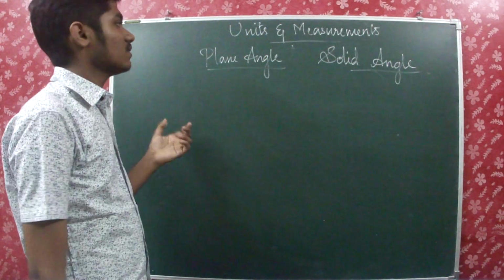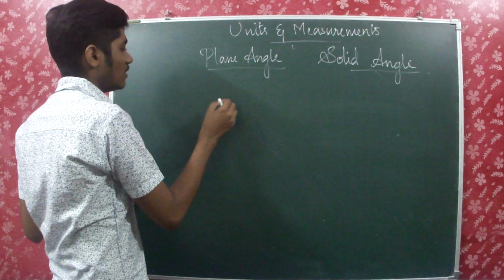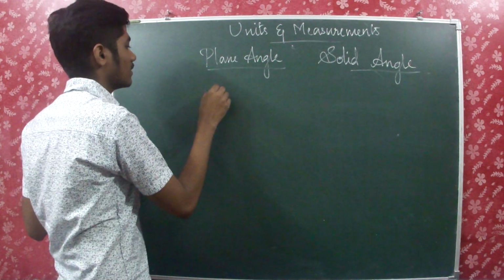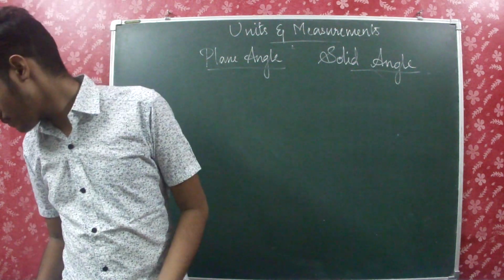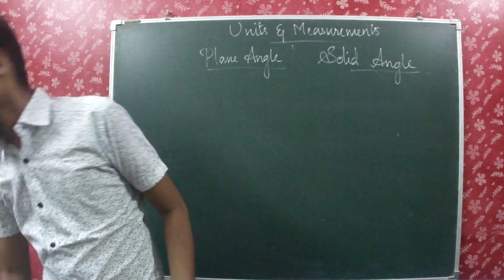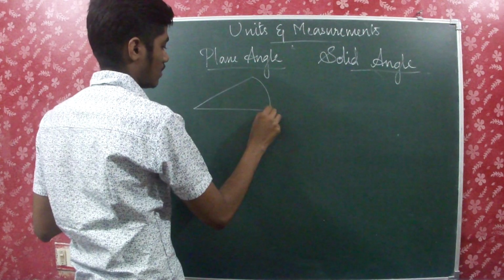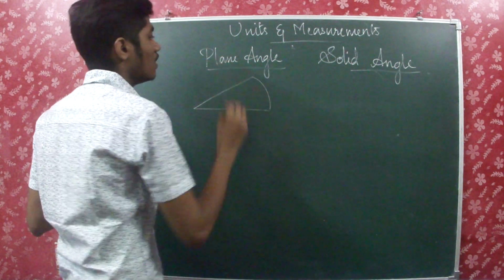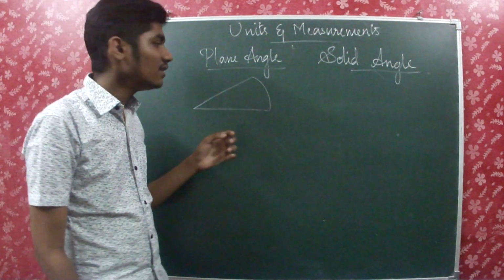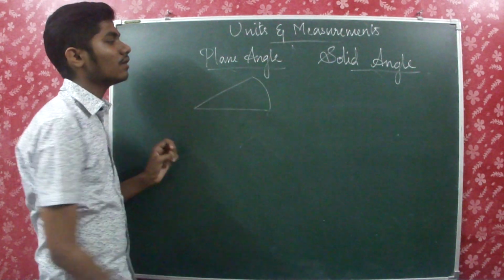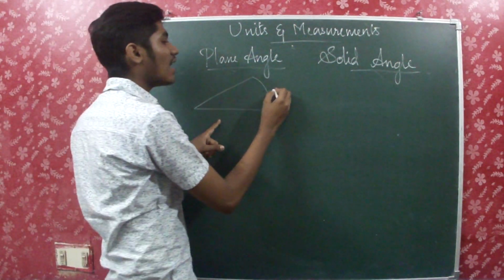So plane angle. What's that? If I am taking a plane angle, this is the arc, and this may be the circle. This is the arc of the circle.